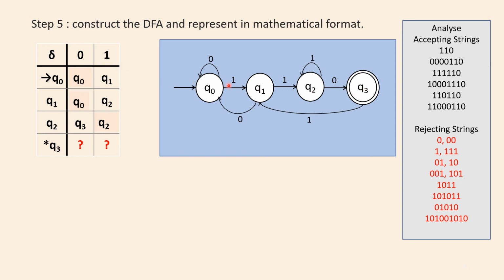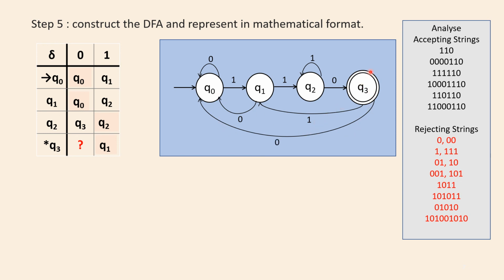If I have 11010, it is remaining in the non-final state, which means the string is not being accepted. Now if I have 110 followed by few zeros again ending with 110, the string should be accepted. So from Q3 I have reached Q3, that is 110. I am in the final state. If I have n number of zeros ending with 110, so I am giving those n number of zeros to Q0.